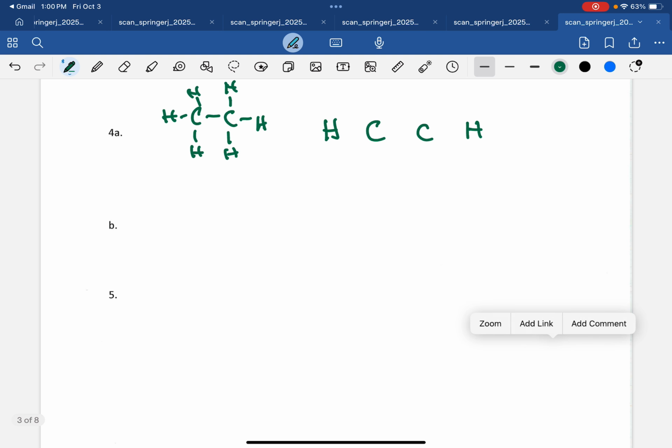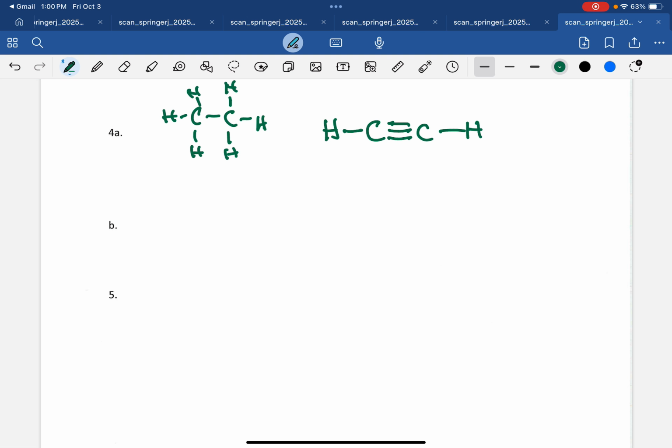So there's 2, 4, 6. I've got 4 left to go. I can't put any more on the hydrogens. If I put 2 on each carbon, that doesn't give you an octet. If I put 4 on one of the carbons, the other one doesn't have an octet. So we can't do this by just placing lone pairs. We're going to have to add more bonds. This turns out to be a triple bond in order to get all 10 electrons. Okay, so there's the drawing.